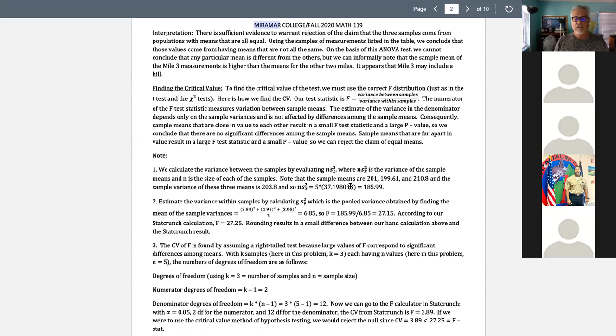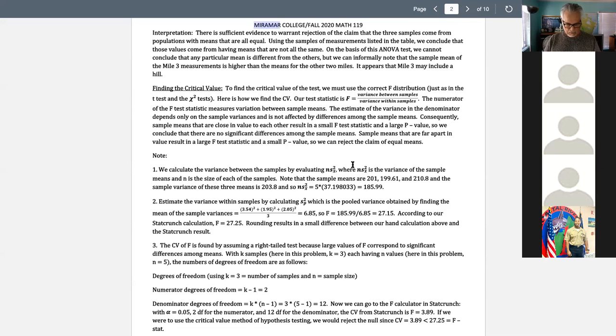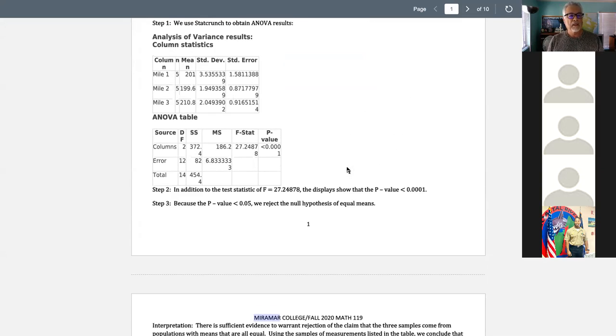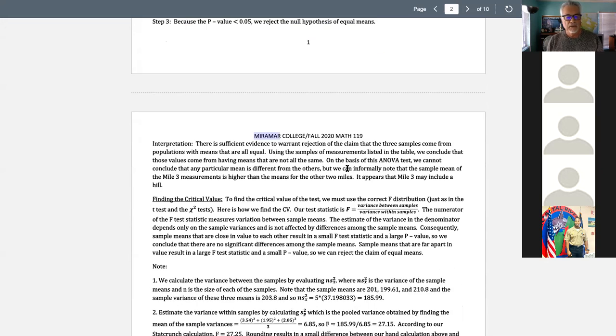Okay, this turns out to be the variance, 3.8.